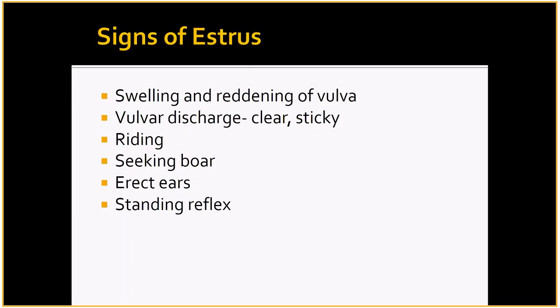Actively seeking a boar, moving towards that boar, trying to get into that boar pen. Erect ears, usually in the direction of a boar. Probably one of the most important is the standing reflex, or the back pressure test. When you're actively pressing onto the back of the female and she's locking up, that's referred to as the back pressure test. So, all signs of heat.